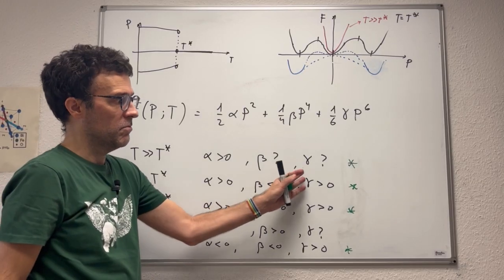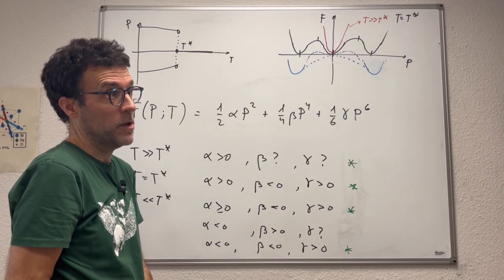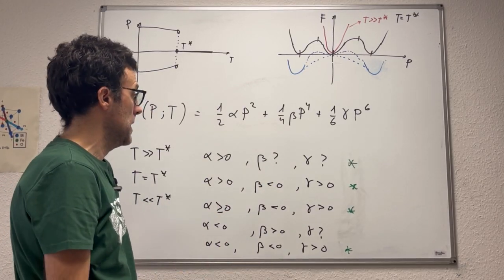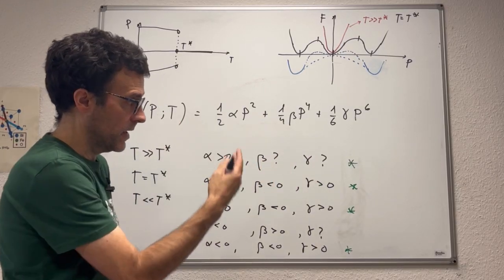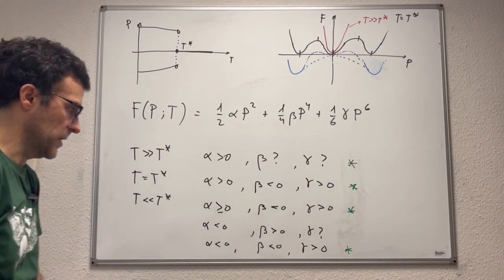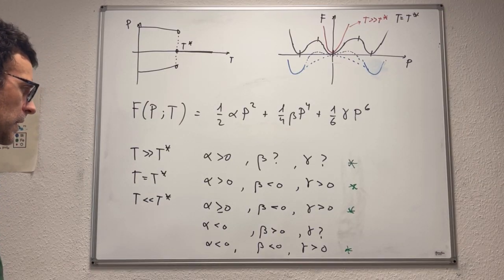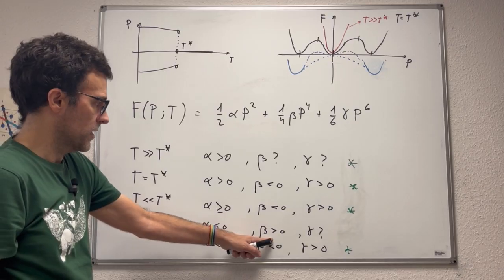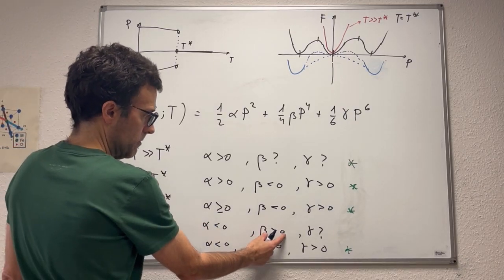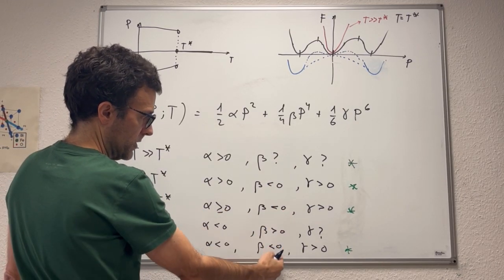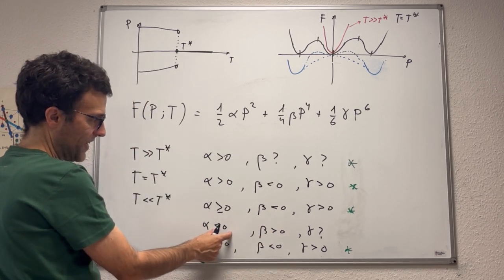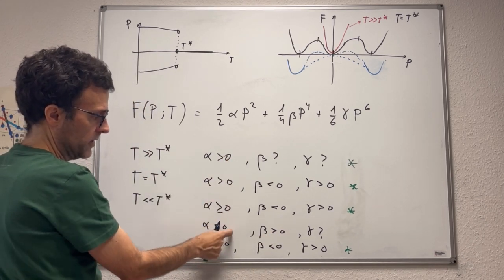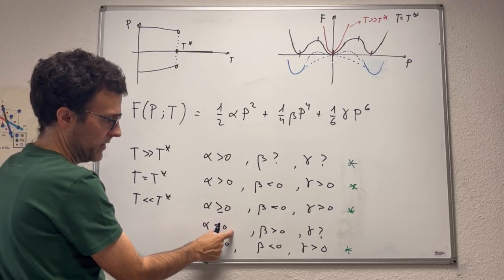Of course, we could measure additional properties, for example nonlinear response, the direct response of our material, and say something about beta and gamma at high temperatures, but this is not our topic today. So all that looks pretty good. This option here is a bit tricky because here we need beta positive, which forces us to change the sign of beta as a function of temperature, and we need alpha negative, which would also force us to change the sign of alpha as a function of temperature.